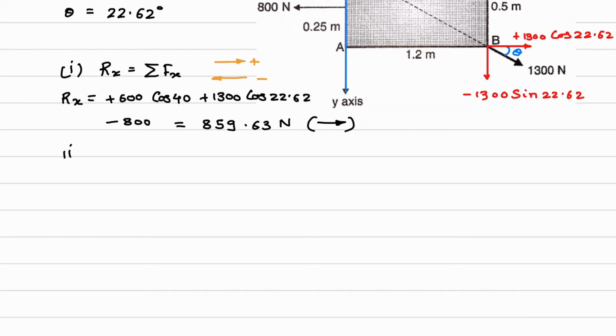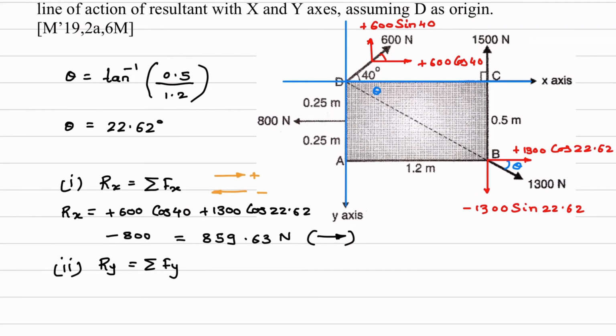Next we will calculate Ry equal to summation Fy. Add all the forces, vertical forces. We will start with 600. So first component is plus 600 sine 40. 1500 force, it is vertical. So plus 1500.